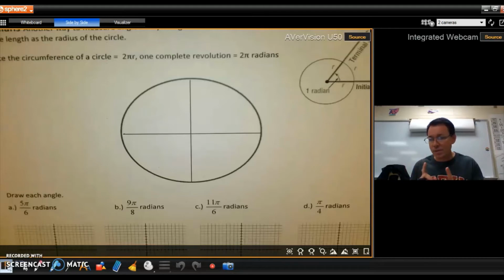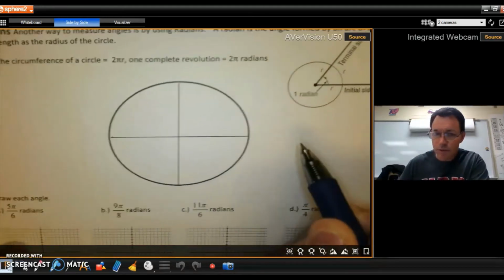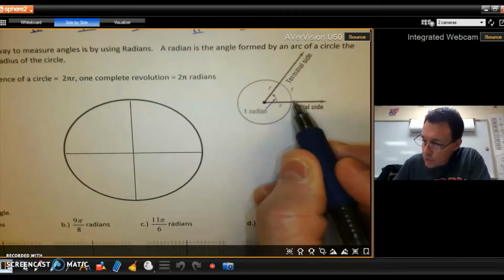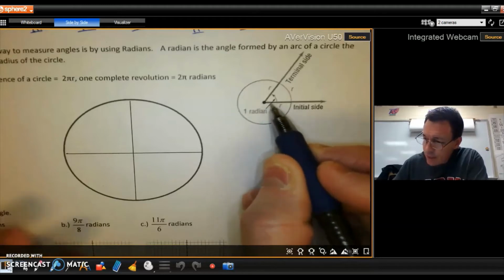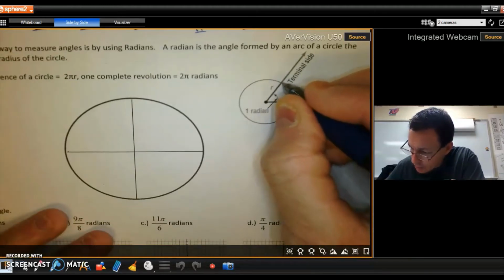So what they said was, okay, let's take a circle and let's take the radius. Now, if you look over here, you're going to see this. They're going to take the radius and they're going to lay it down and curve it.